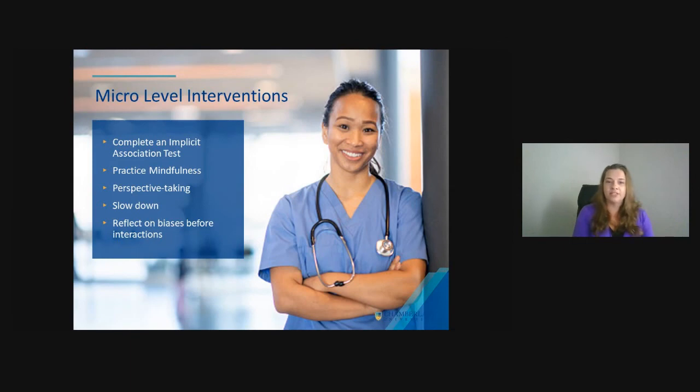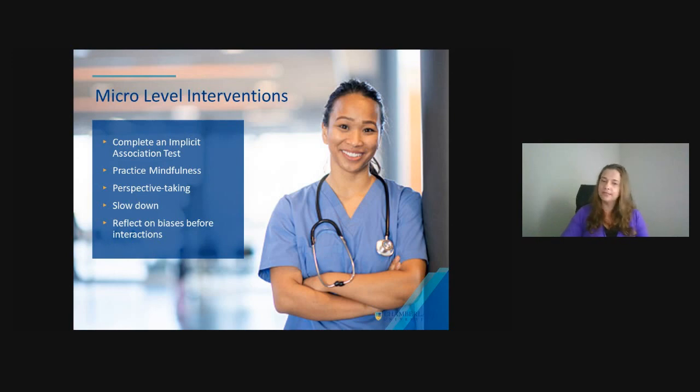The micro level interventions have the most evidence to support their effectiveness. My first piece of advice would be to have everyone take that implicit association test, and helping them understand that they may get a result that they don't like or they weren't expecting. That first step is to identify bias. Practicing mindfulness.